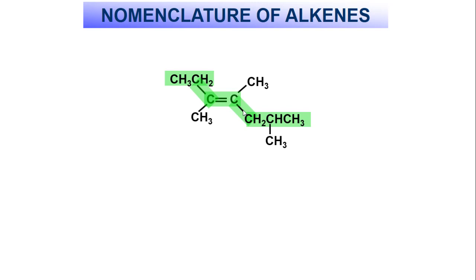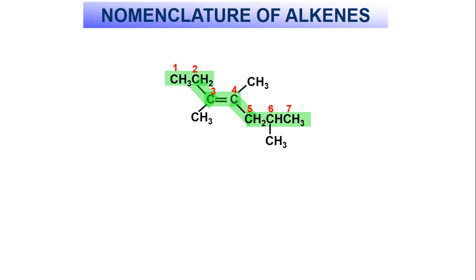Then after identifying the parent chain, you number them. So when numbering, you start from the end which is closer to the double bond. So you have 1, 2, 3, then on this side we have 1, 2, 3, 4. So we are going to start from 1, 2, 3, then there are 4, 5, 6, 7.